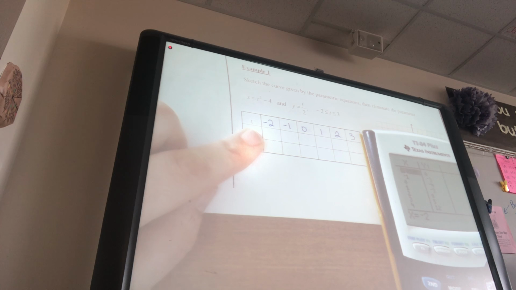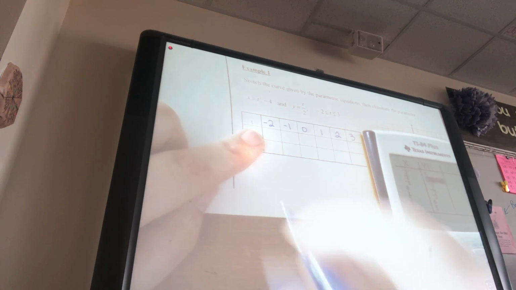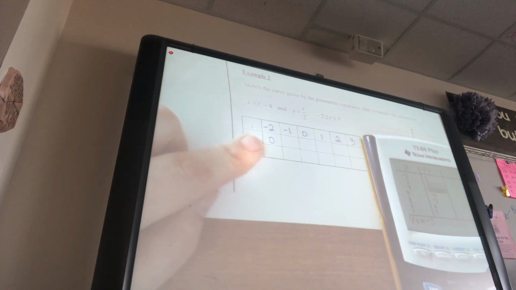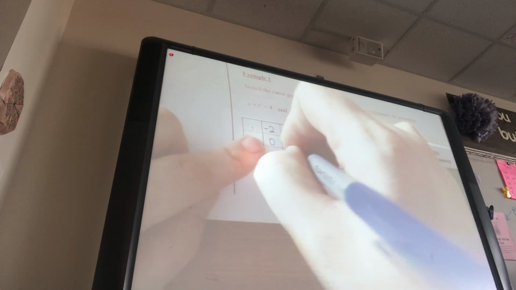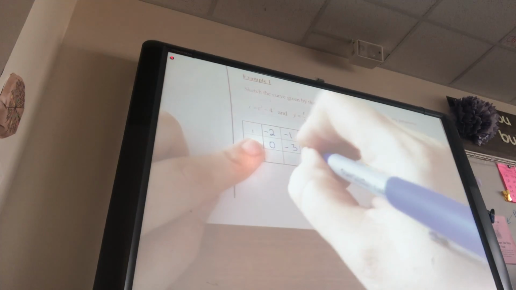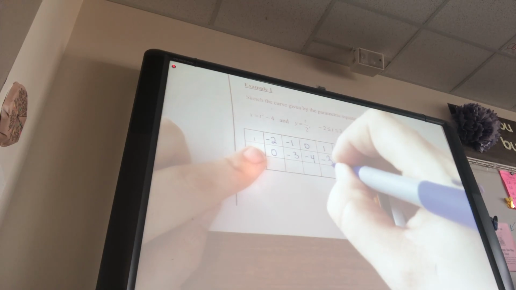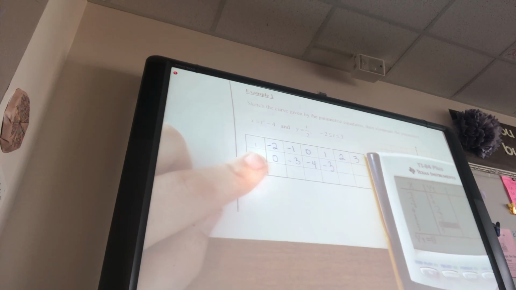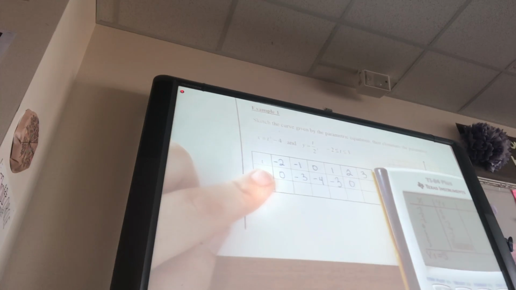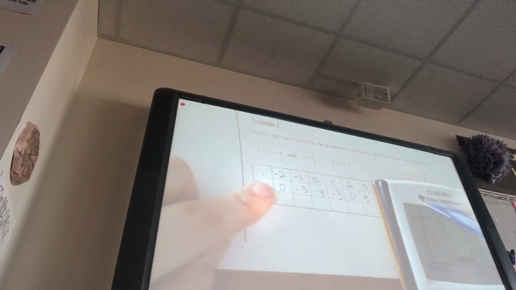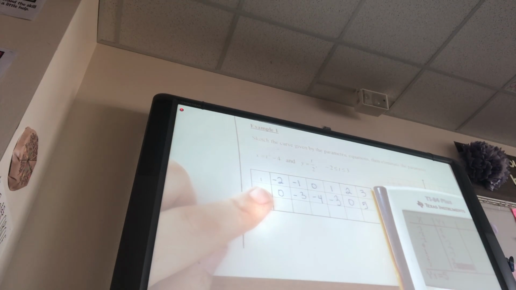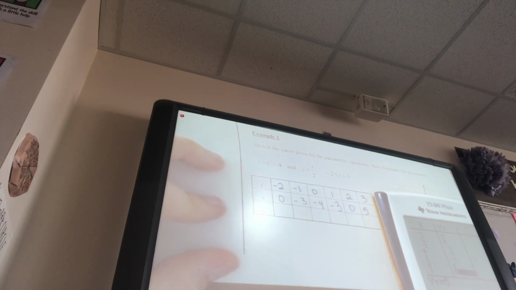So let's go up to -2. That's 0. -1, -3. 0, -4. 1, -3. 2, 0. 3, 5.